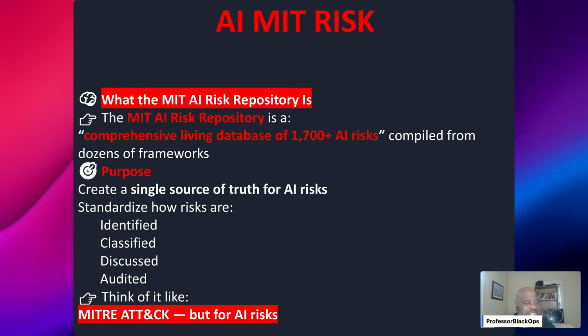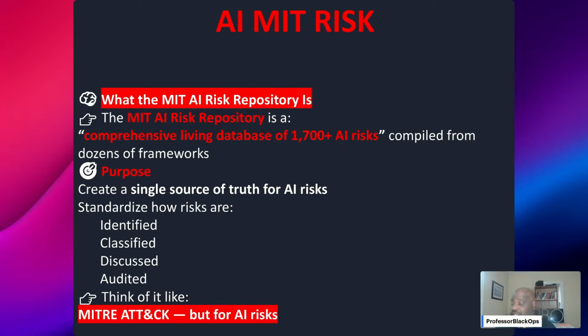So what is the MIT AI Risk Repository? A comprehensive living database. We're going to go out there and look at it. 1,700 plus AI risks compiled from a dozen frameworks. Purpose: create a single source of truth for AI risks, standardized on how risks are identified, classified, discussed, and audited.